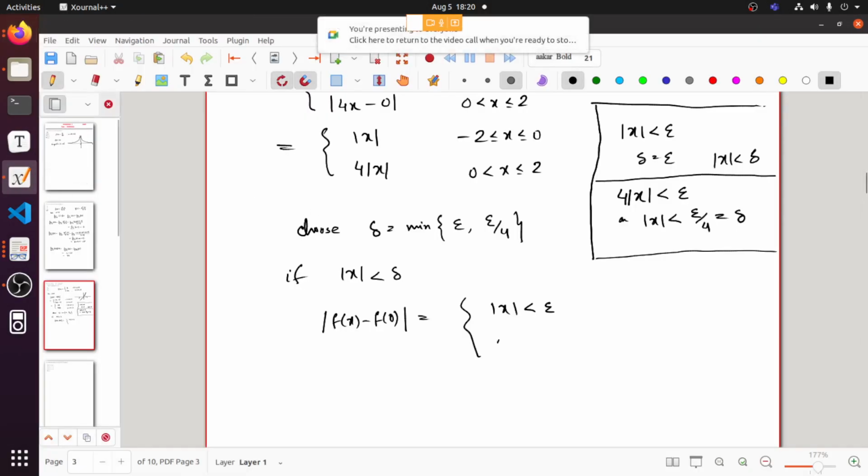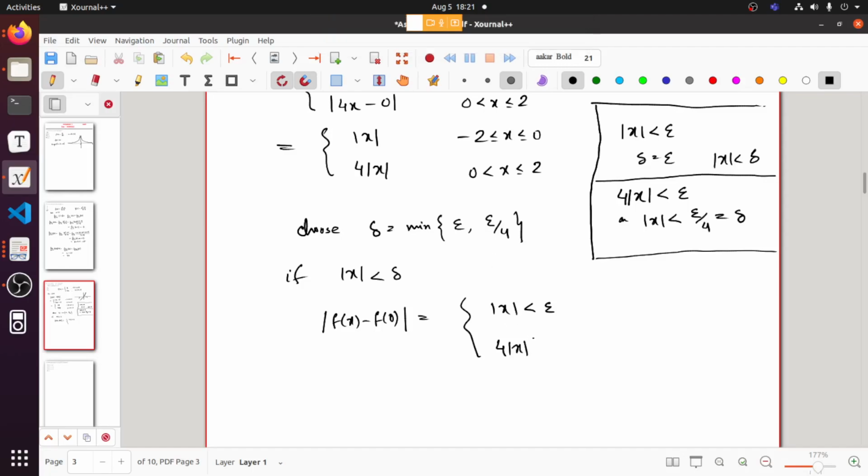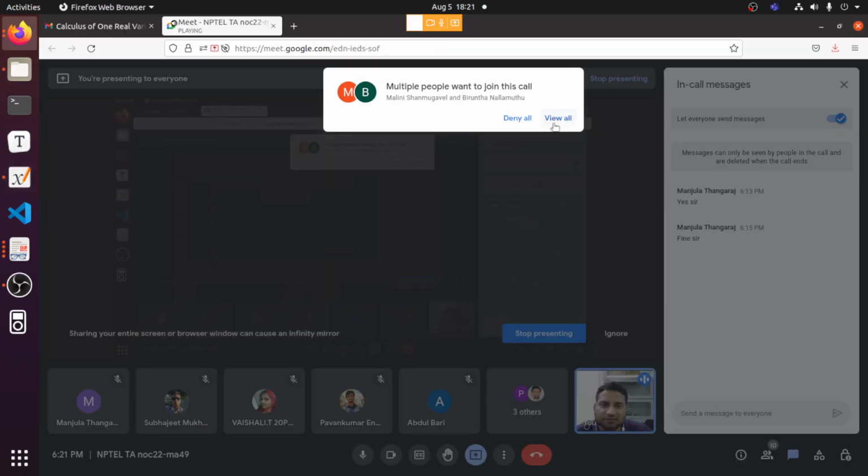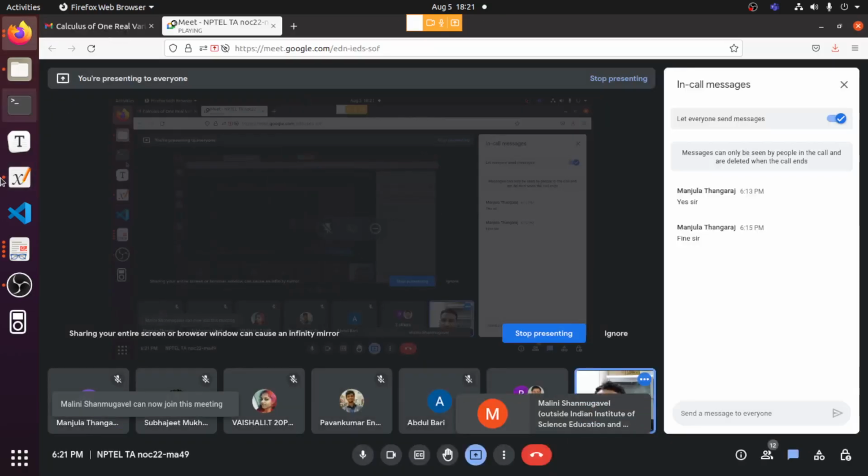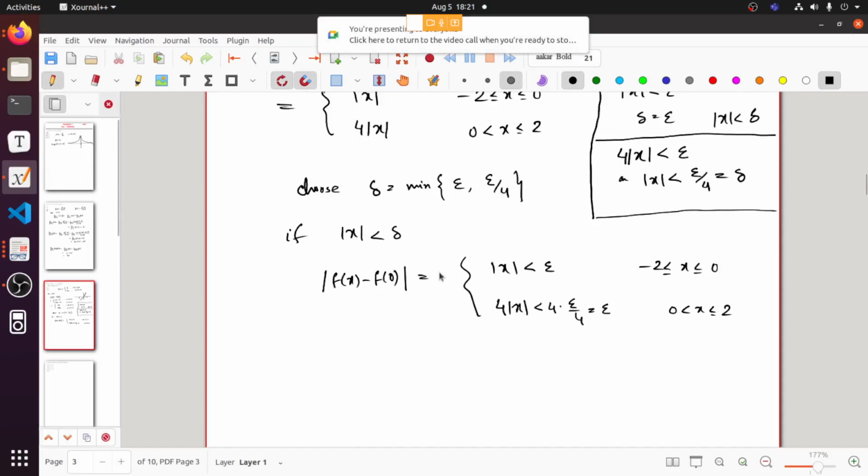And when it is 4 mod x, delta is also less than epsilon by 4, so 4 into epsilon by 4 means this is also less than epsilon, right? So in this region, if you choose delta to be the minimum of these two, then everything will work, right?